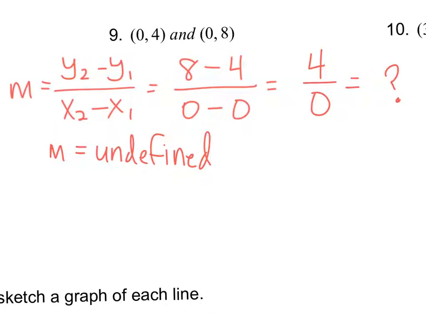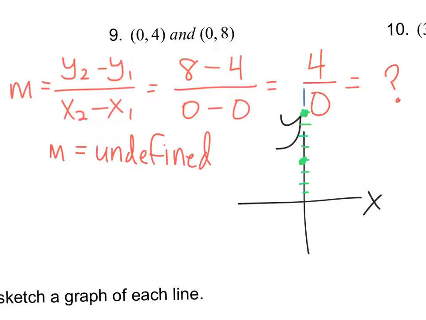And just again, to kind of bring this back to what does this mean as a picture? Well, you have an x and a y-axis, and an undefined slope would look like this. If I graph these points, I've got 0, 4, so 1, 2, 3, 4, there's this point right here, and 0, 8, 5, 6, 7, 8, be somewhere here. So this line, let me use a different color, how about blue?